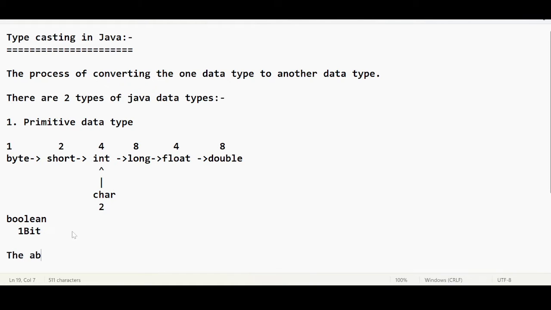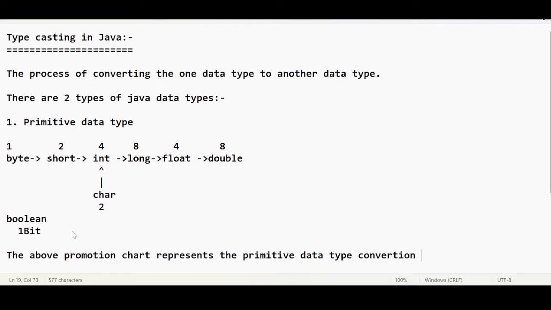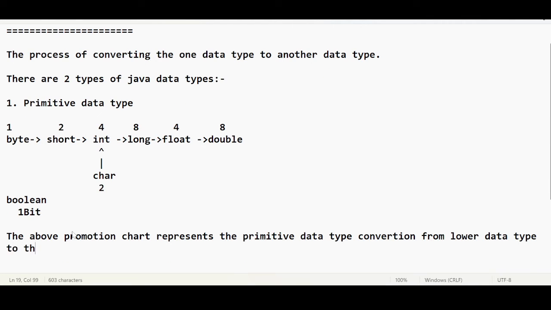So the above promotion chart represents the primitive data type conversion from lower data type to the higher data type.